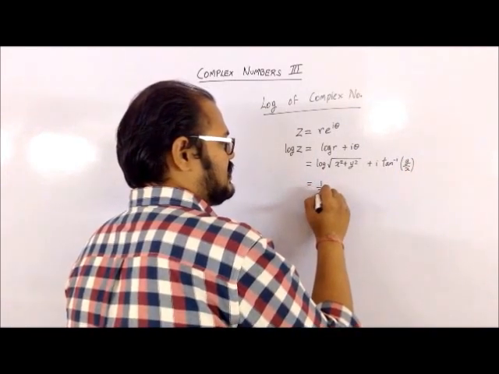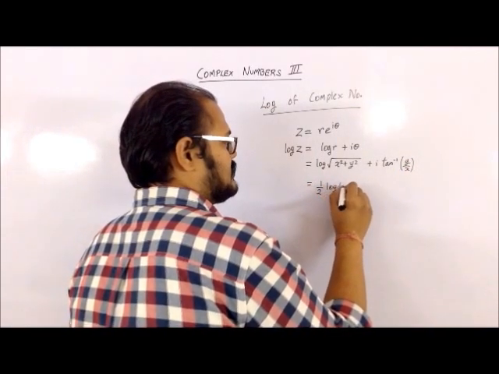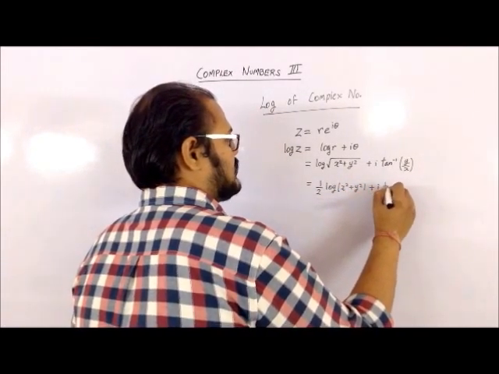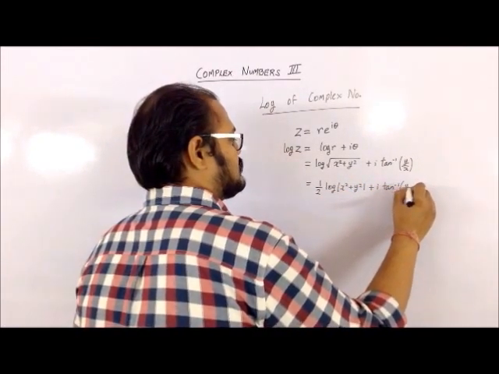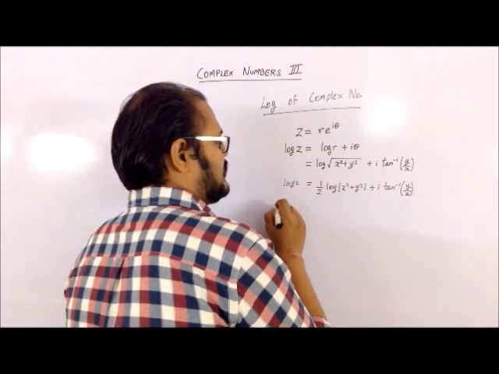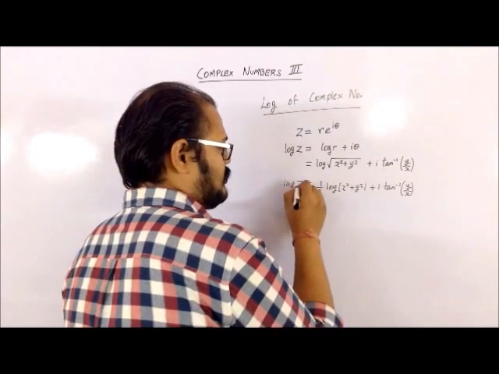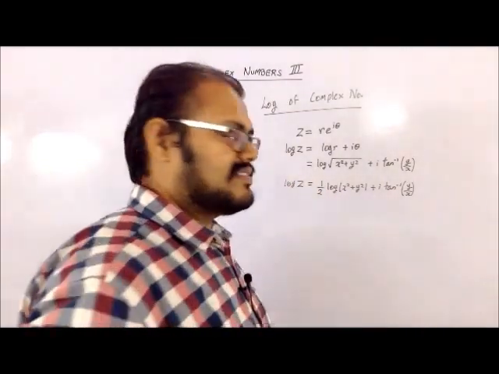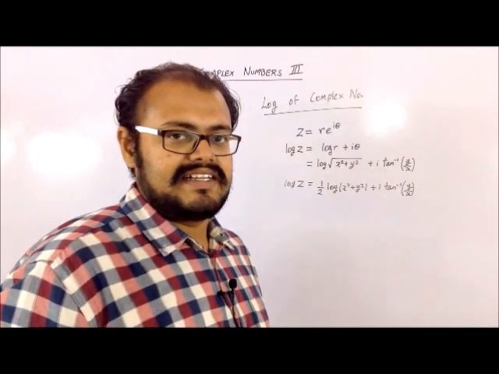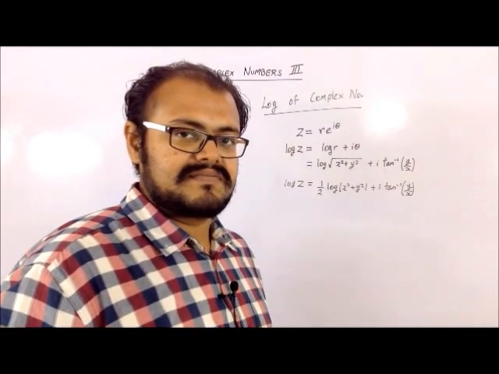This gives me half of log of x square plus y square plus i tan inverse y by x. So you are getting the answer for finding log of a complex number as half of log of x square plus y square plus i tan inverse y by x.